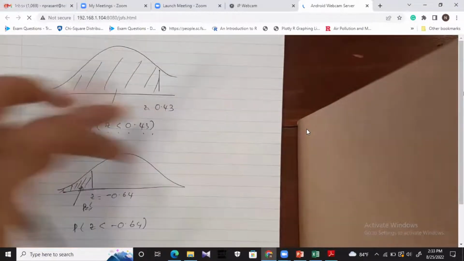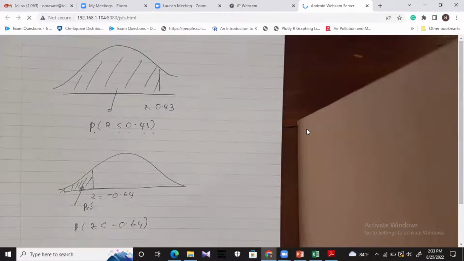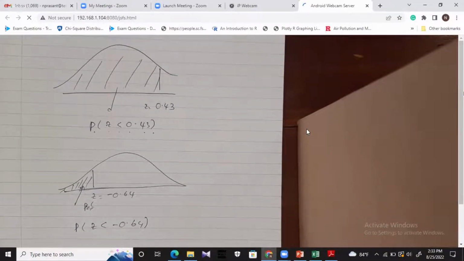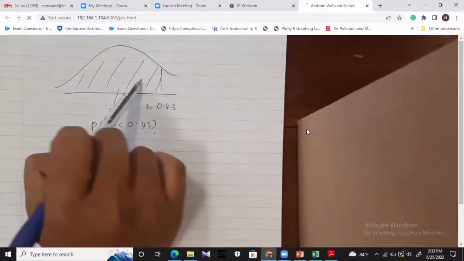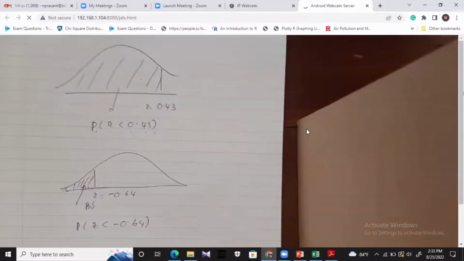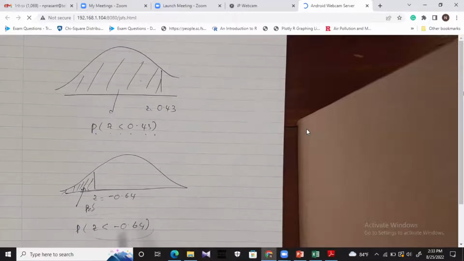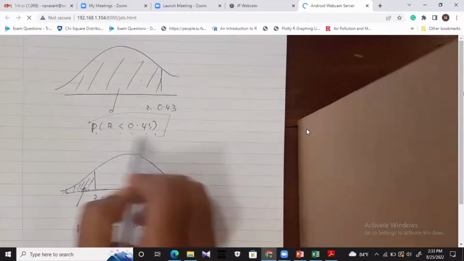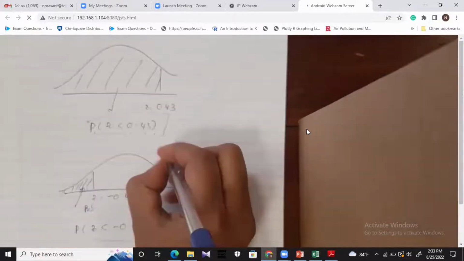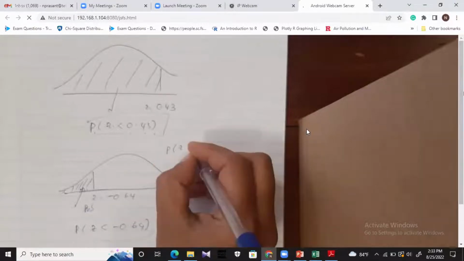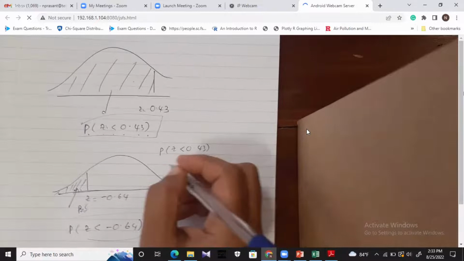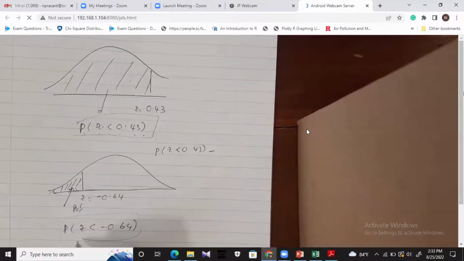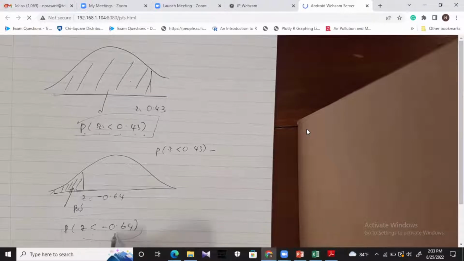Now I am going to subtract or eliminate this small region from this bigger region. I'm going to subtract this probability from here. Z 0.43 is here, and I'm going to subtract this Z less than minus 0.64 from this.